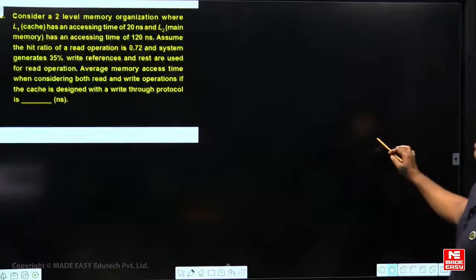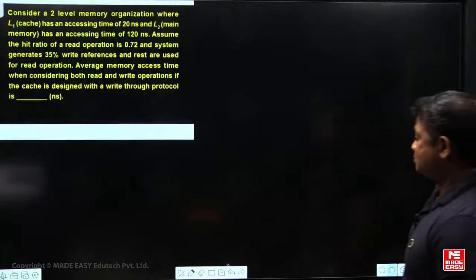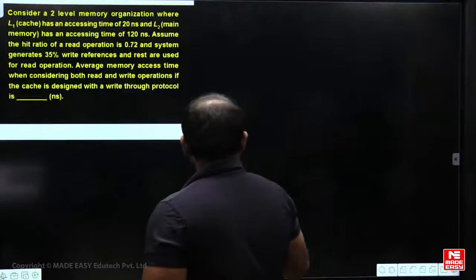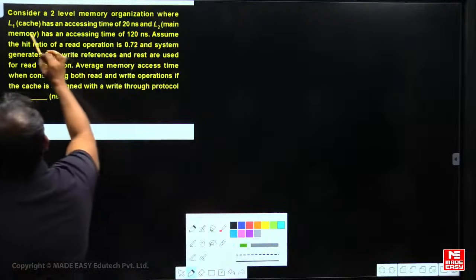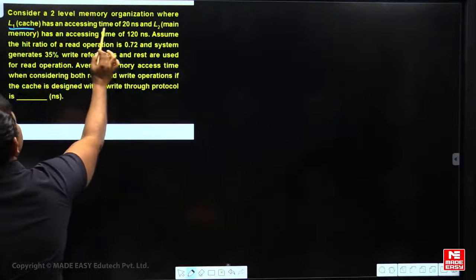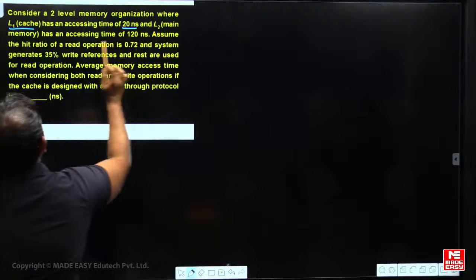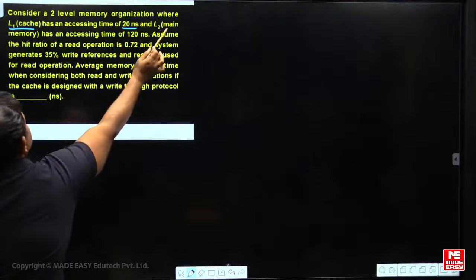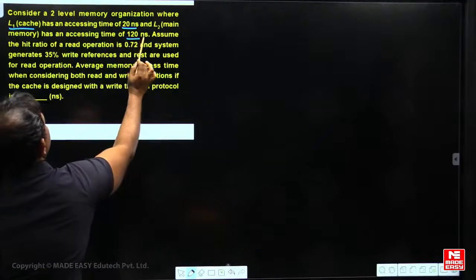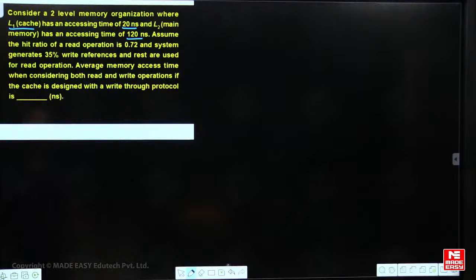Consider a two-level memory organization, where level 1 is cache memory with access time 20 ns, and level 2 is main memory, with access time 120 ns.